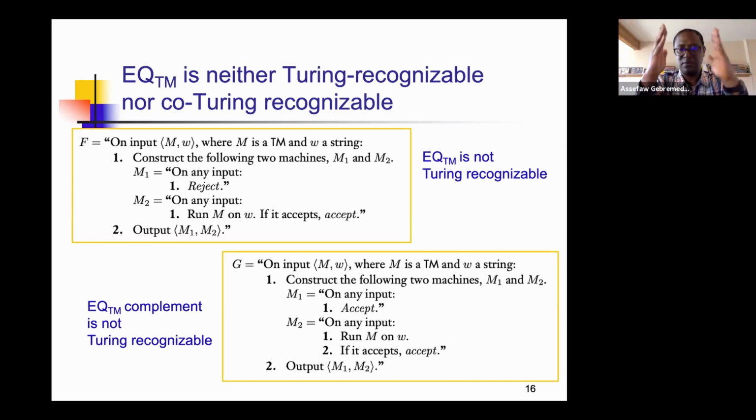So to recollect, mapping reducibility is a special, a refined type of reducibility where we have to produce a mapping function that would take an input in a language and produce an output, a function f of w that would help us determine that every time w is a member of language A, f of w is a member of language B, and vice versa.